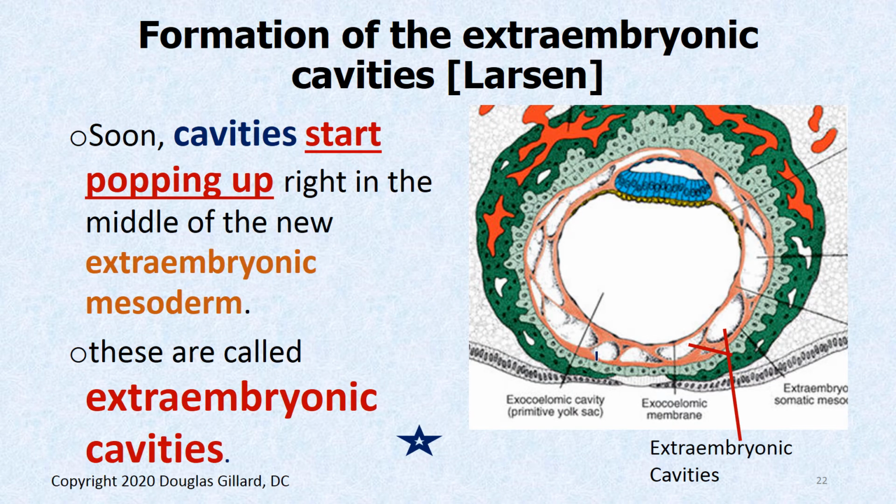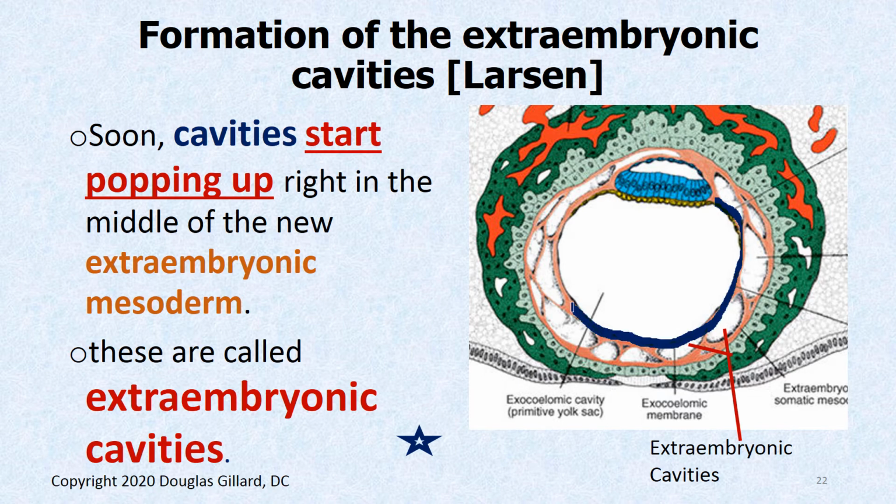Right, next thing that happens, kind of the same story when we were talking about oogenesis, we get some cavities right in the middle of that extraembryonic mesoderm. And pretty soon the cavities coalesce together. So we're basically splitting the extraembryonic mesoderm into 2 pieces.